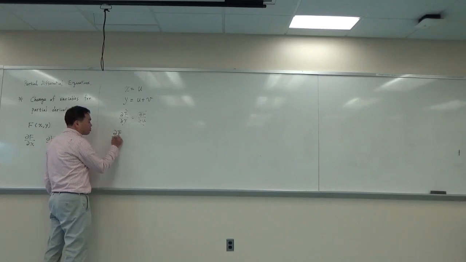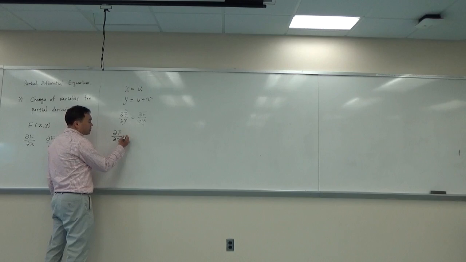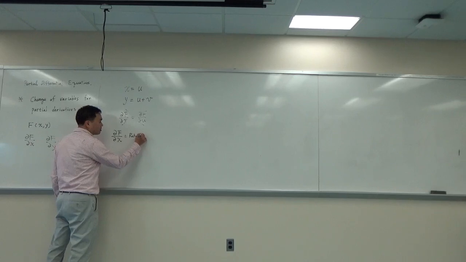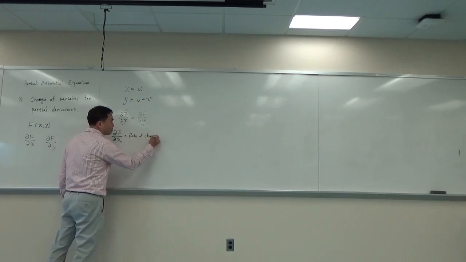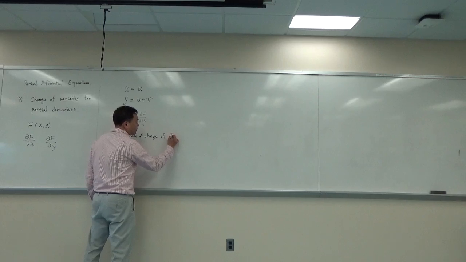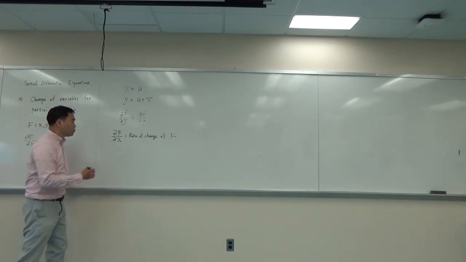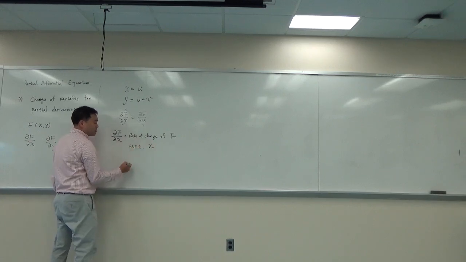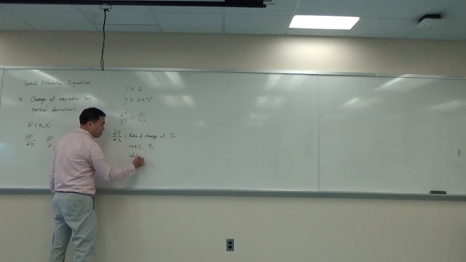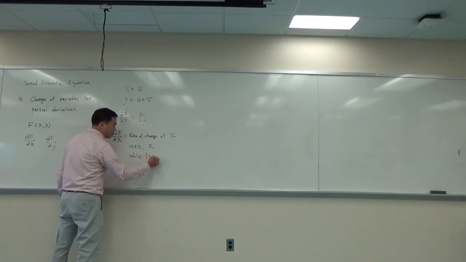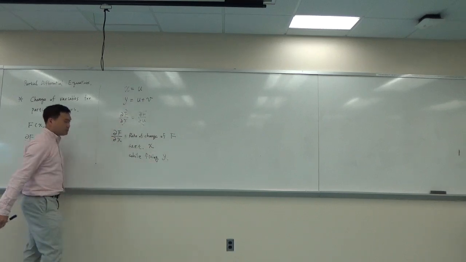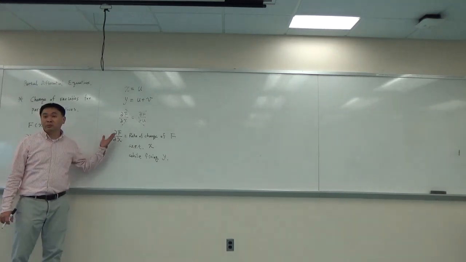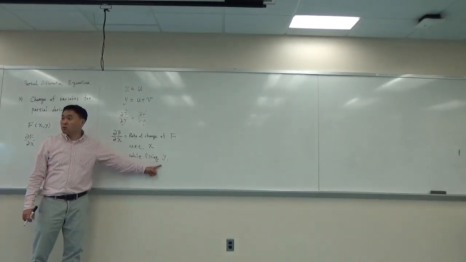Partial derivative of f with respect to x, it really means it's the rate of change of f with respect to x while fixing y. You're treating y as a constant and you're trying to differentiate f as a function of x while holding y as a constant.